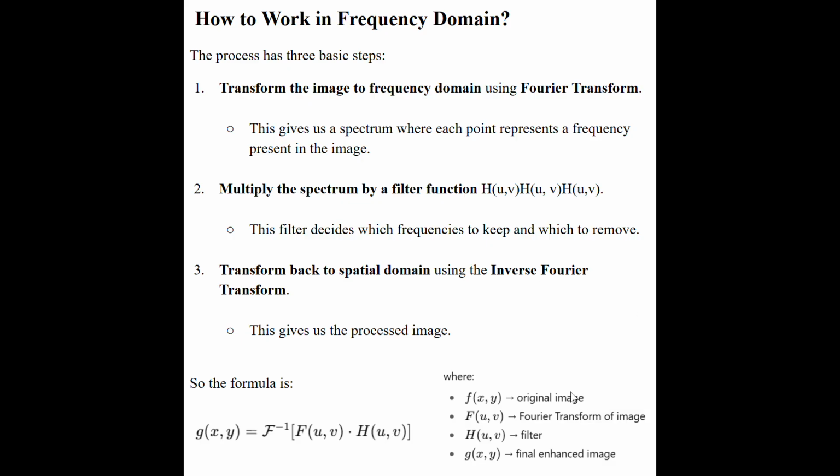Then I apply the Fourier transform of the image, F(u,v). Then I take the product of the filter and the Fourier transform, and the result is given to the inverse Fourier transform. So g(x,y) is my final enhanced image.